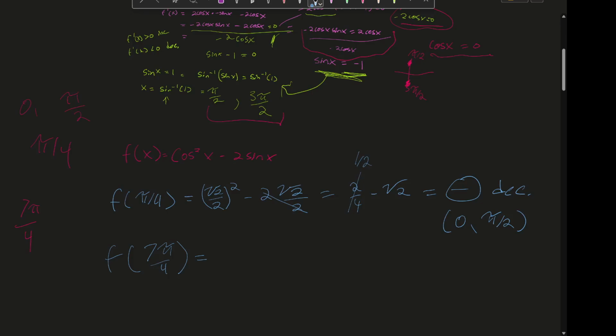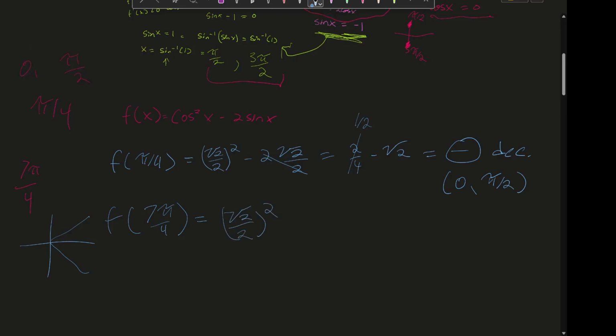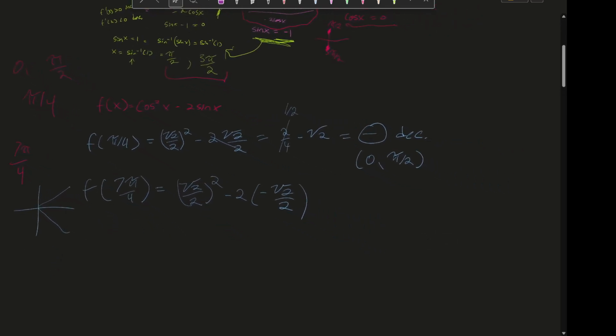At 7 pi over 4, it's the same coordinates as pi over 4, except it's down here. So your x is still positive, but your y is negative. So sine's negative, cosine's positive. So that's just root 2 over 2 squared minus 2 times negative root 2 over 2, because your y is negative at that reference angle.